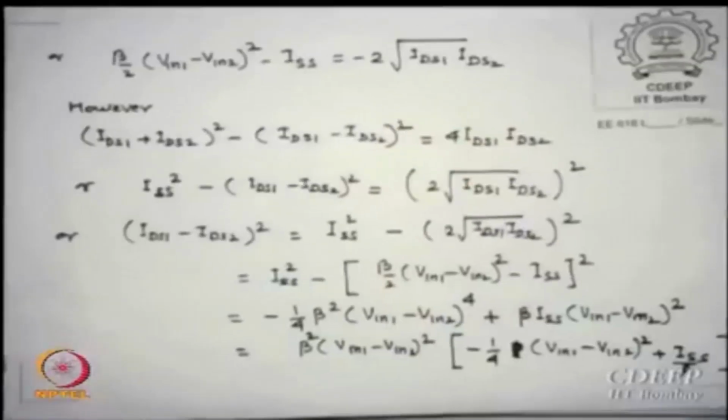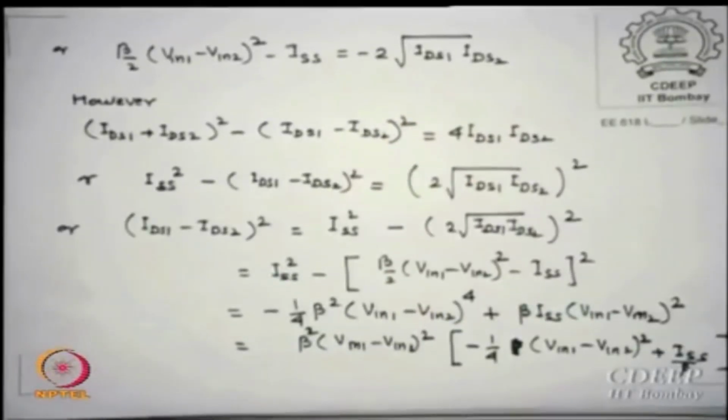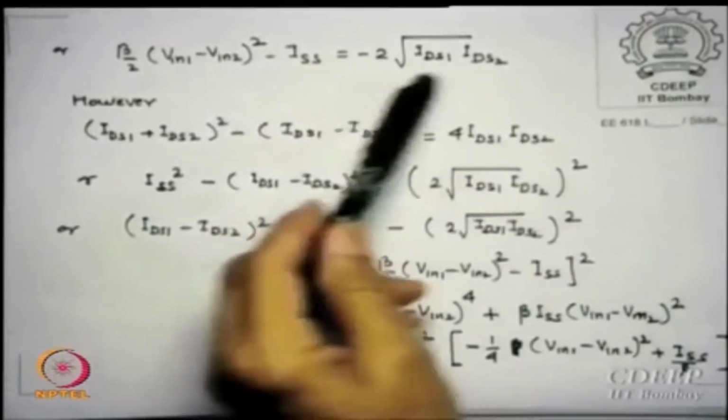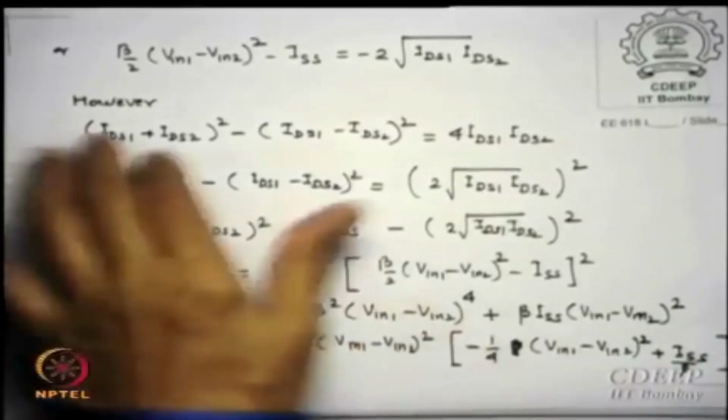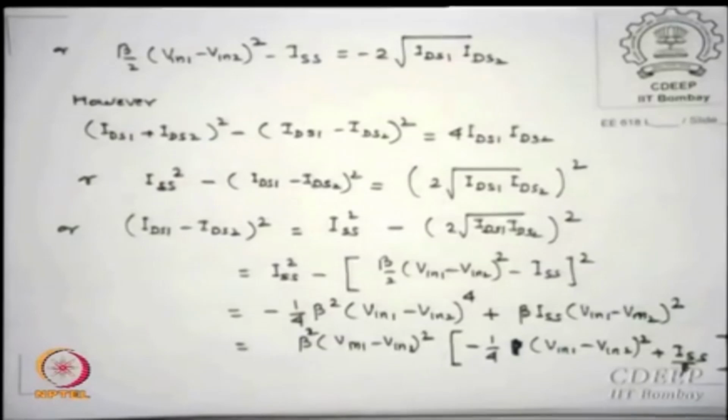So we say, expressing that, beta by 2 (Vin1 minus Vin2) squared minus ISS is minus 2 under root of IDS1 IDS2. However, mathematically (IDS1 plus IDS2) squared minus (IDS1 minus IDS2) squared, if you expand both, gives 4 IDS1 IDS2: the 2 minus the 2, so 4.